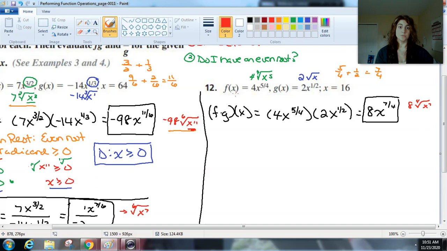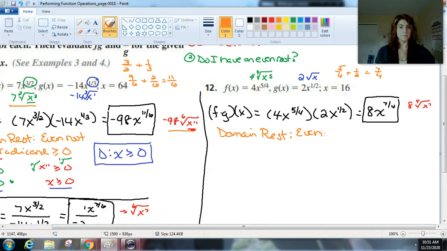Got a lot of even roots here. I have one over here with the 5/4, one over here with the 1/2, and one over here with the x to the 7th. Now, as you get good at this, you notice if they're all just x's on the inside, no matter what their power is, that's always going to be greater than or equal to 0.